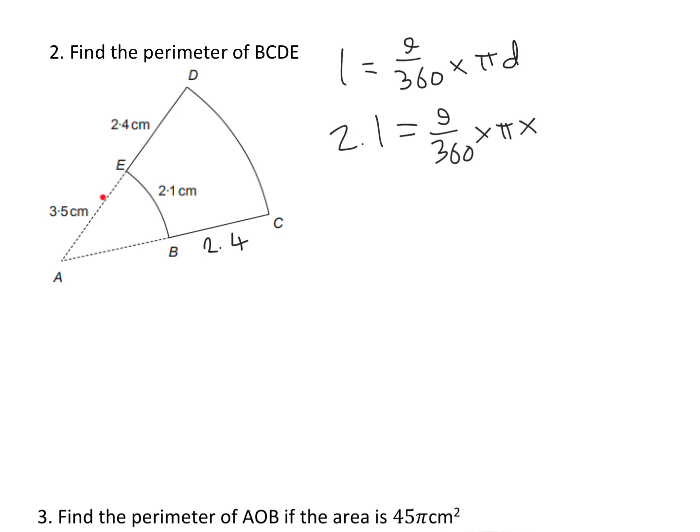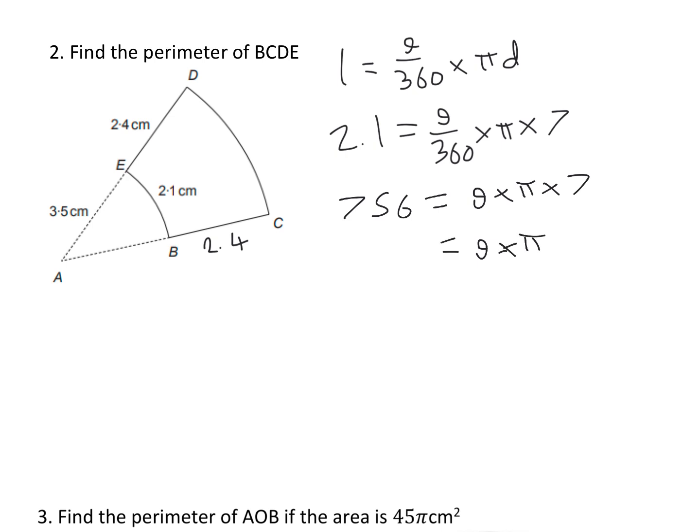And this sector has a radius of 3.5, that's halfway, so the diameter would be double 3.5, which should be 7. So what we need to do is rearrange this equation to find out what the angle is. I'll just do it in small steps. But the first thing I would do is times both sides by 360 to get rid of that fraction. So 2.1 times 360 is 756. That would be theta times pi times 7. I could divide both sides by 7.